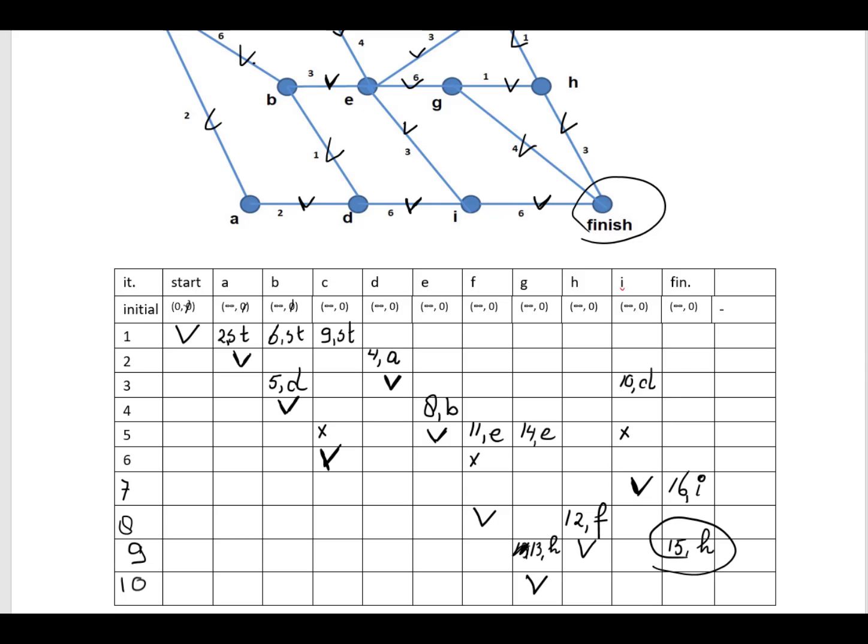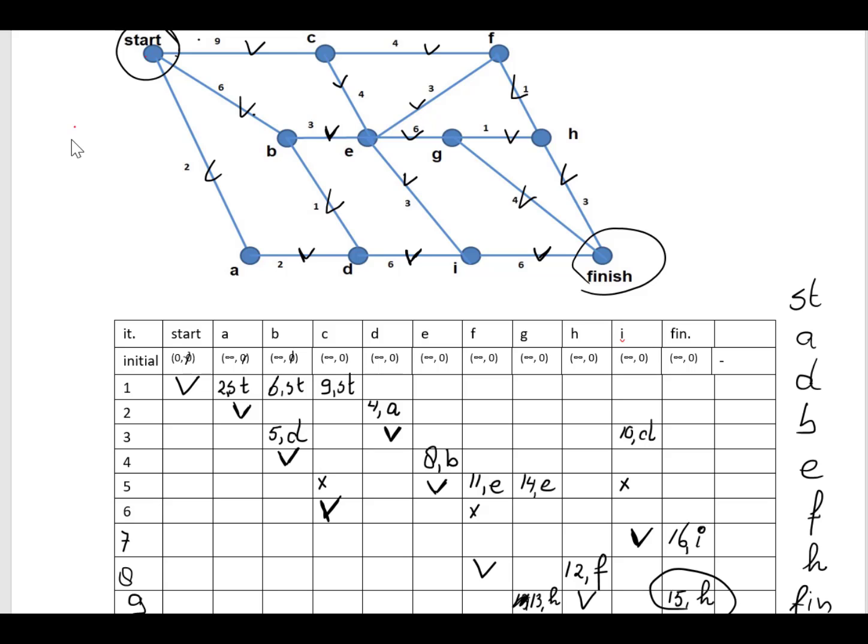And if we look at how it went, we achieved the finish, and we came from H, and in H we came from F, and in F we came from E, and in E we came from B, and in B we came from D, and in D we came from A, and in A we came from the start. So this is our path.